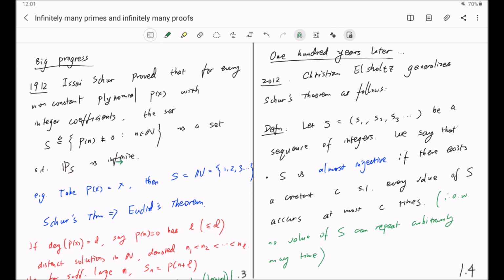Because P sub s is infinite implies that the set of all prime numbers is an infinite set. So each non-constant polynomial P of s with integer coefficients will provide a proof for the fact that there are infinitely many primes.